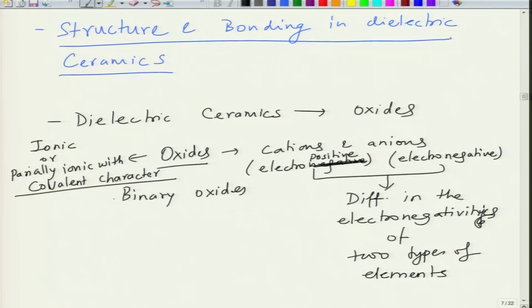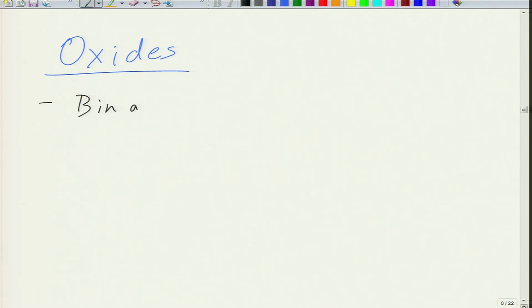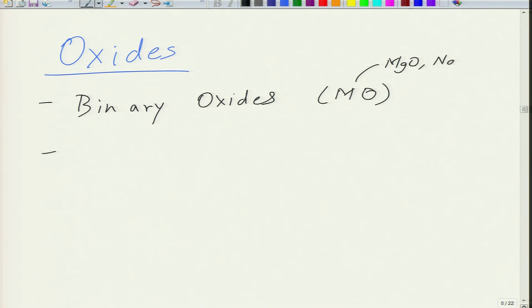So, you may have types of materials, these oxides could be binary oxides of the form MO, and so for example, formulas would be MgO, NaCl, NiO, all these are binary oxides.